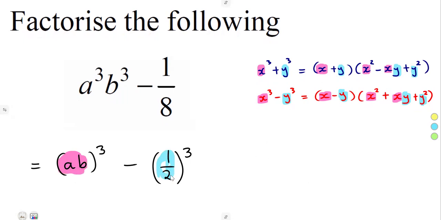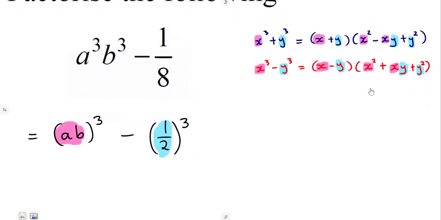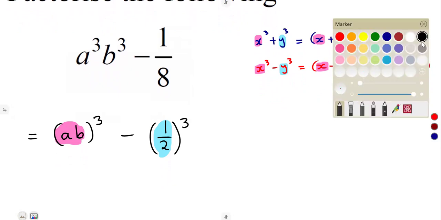Our last term, 1 over 2, raised to the exponent of 3. So first term to the exponent of 3 minus the last term to the exponent of 3 can be rewritten in a factorized manner.